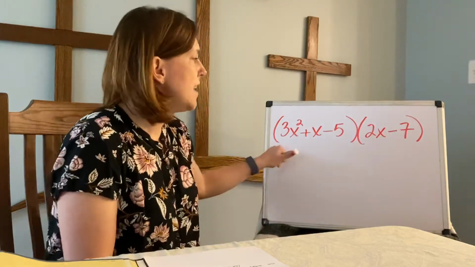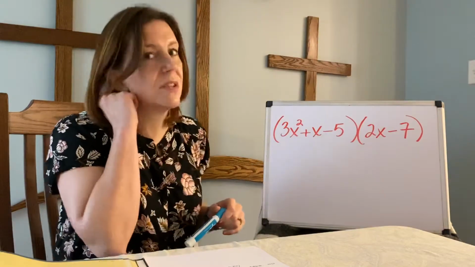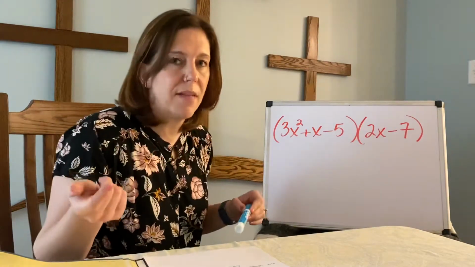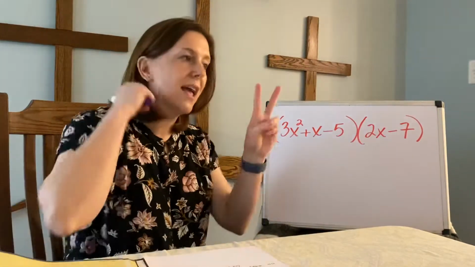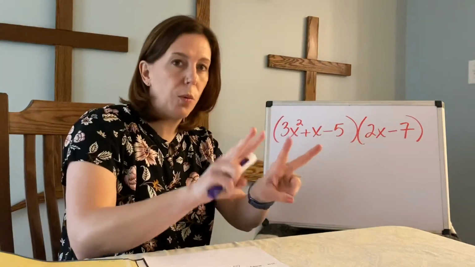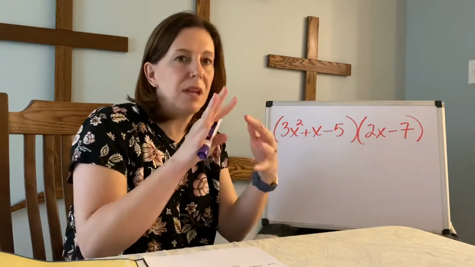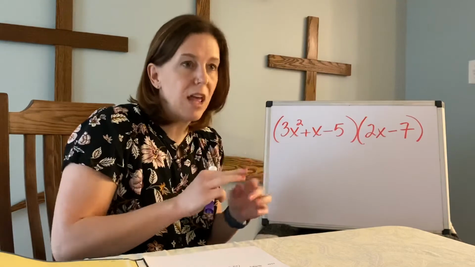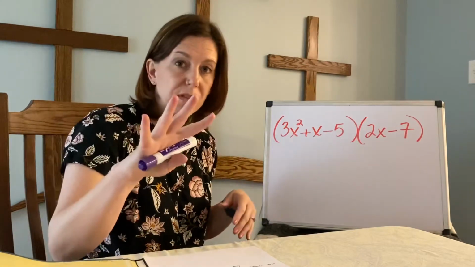So here's my trinomial being multiplied by my binomial. And my first method is going to use the distribution method. Yesterday, when we were multiplying a two-term by a two-term, we got 4 terms in our answer. And then sometimes we cleaned it up and we combined terms and ended up with 3. But when we first do the initial multiplication, we got 4 terms.